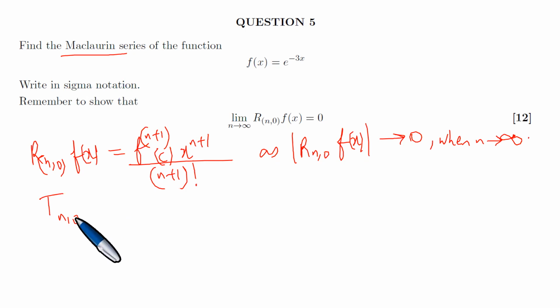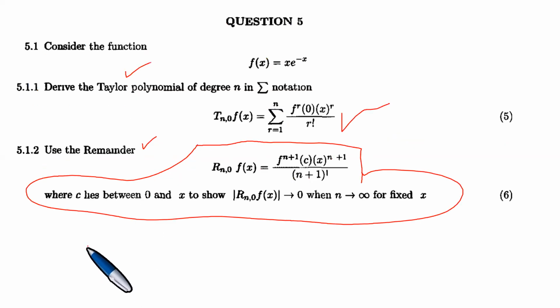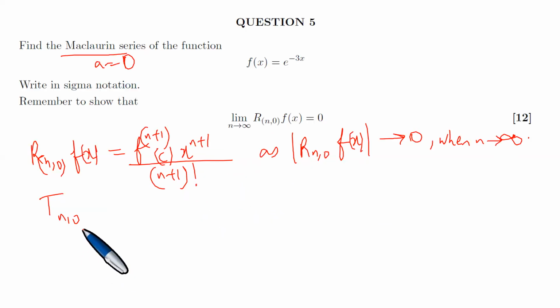The Taylor series is centered at some point A, and Maclaurin means that it is centered at A equals 0. So what is the formula for the Maclaurin series? It is this one.